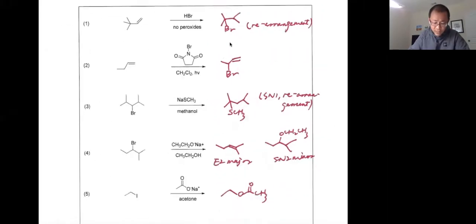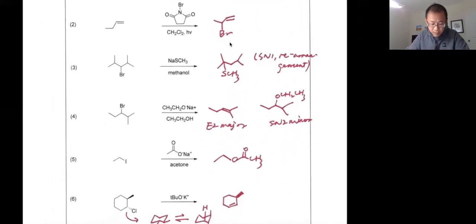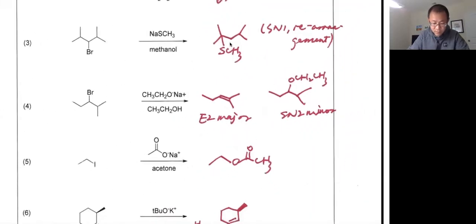Okay, these are all the reactions you guys missed, but for example, the fourth one, we have a secondary substrate, but you can see that the beta is branched. So that tells you this is sterically hindered. Hindered means substitution is not that good.